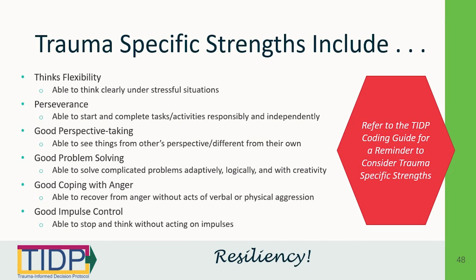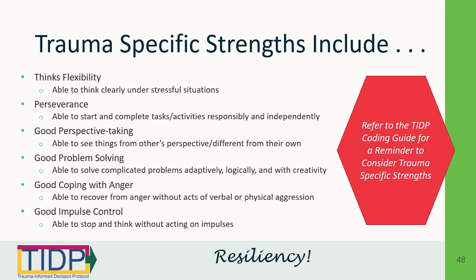Another trauma-specific strength we might describe as persevering, or having a high level of perseverance. That's a youth who's able to start and complete tasks and activities responsibly and independently, even when they have some active trauma reactions and/or symptoms or difficulties that they've been trying to cope with.